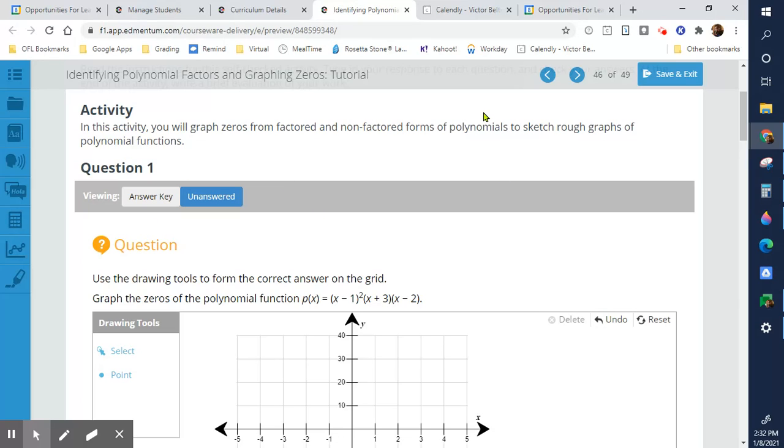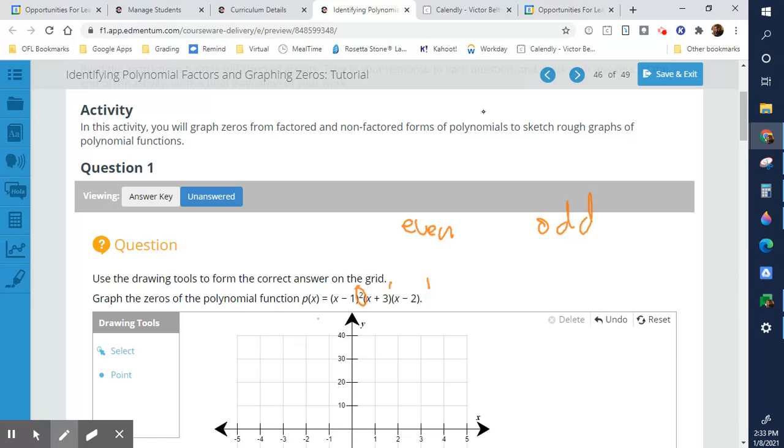Now that you figured out that it's even, you know it's going to look like a parabola basically. Now you need to know if it's positive or negative. If it's positive, I like to think of it as a happy face. If it's negative, think about it as a sad face.